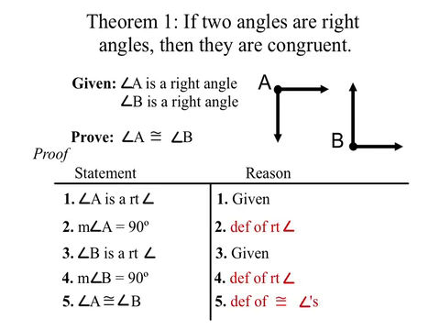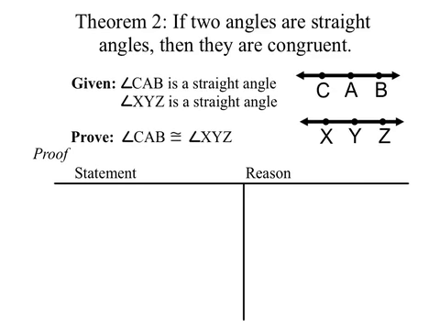And for reason 5, instead of restating the definition of congruent angles, just write definition of congruent angles. So if you want to state the whole definition in your reasons, that's fine. But as far as I'm concerned, if the reason is a definition, just state that it's the definition and then state what it is the definition of. In this case, for 2 of our reasons, definition of right angle, and for reason number 5, definition of congruent angles.